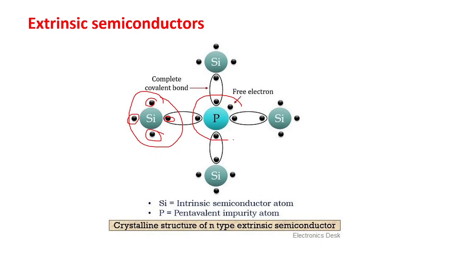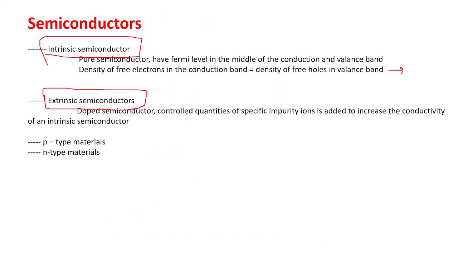To manufacture an n-type material, we use a pentavalent element. N-type means there will be extra negative charge available after doping, and in p-type material there will be extra holes available after doping.